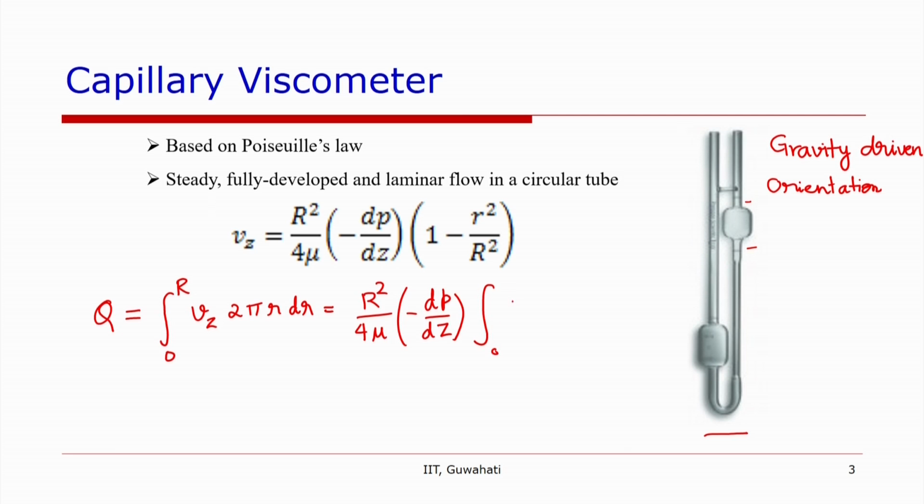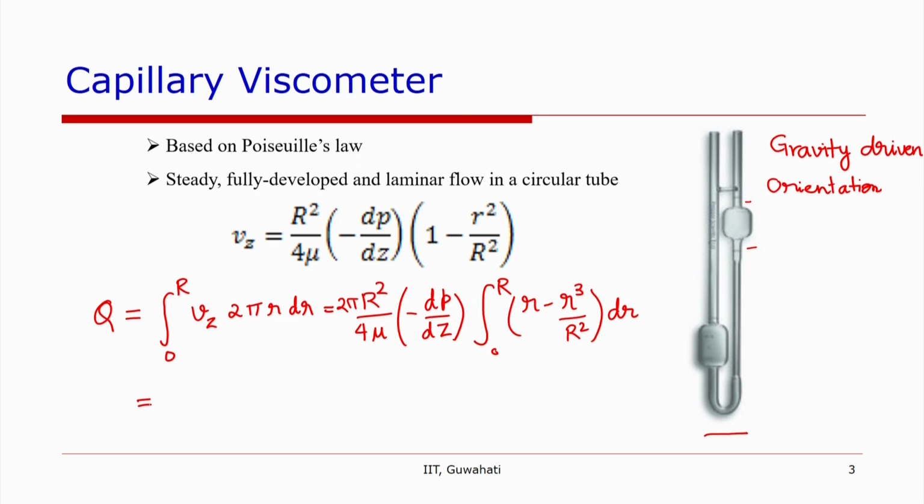integral from 0 to R of (r minus r cubed by R squared) dr. We can take 2 pi outside.